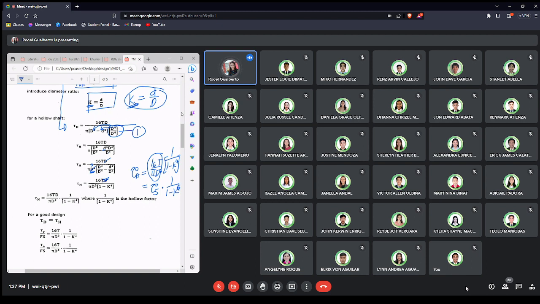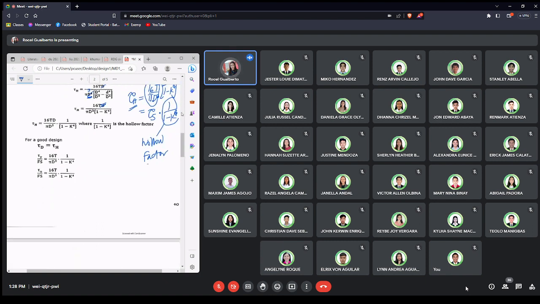Okay? Yan. So, this one po, this is called your hollow factor. Okay, so ibig sabihin, if the shaft is hollow, it is the same equation lang po doon sa solid, i-multiply lang po natin yung hollow factor. Okay, so yun po yung ibig sabihin.